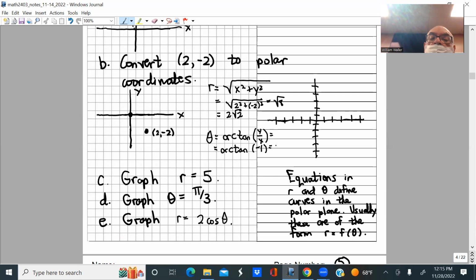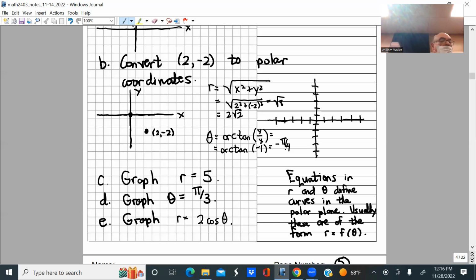So actually, this is minus pi over 4. Try that on your calculator. Pi over 4 is what? 0.7 something? I think you get something like -0.79. Yeah, right.